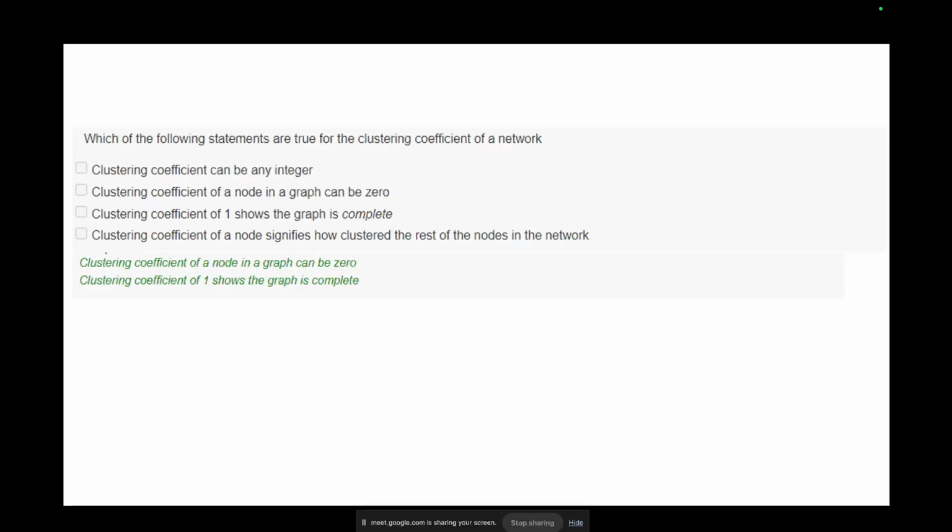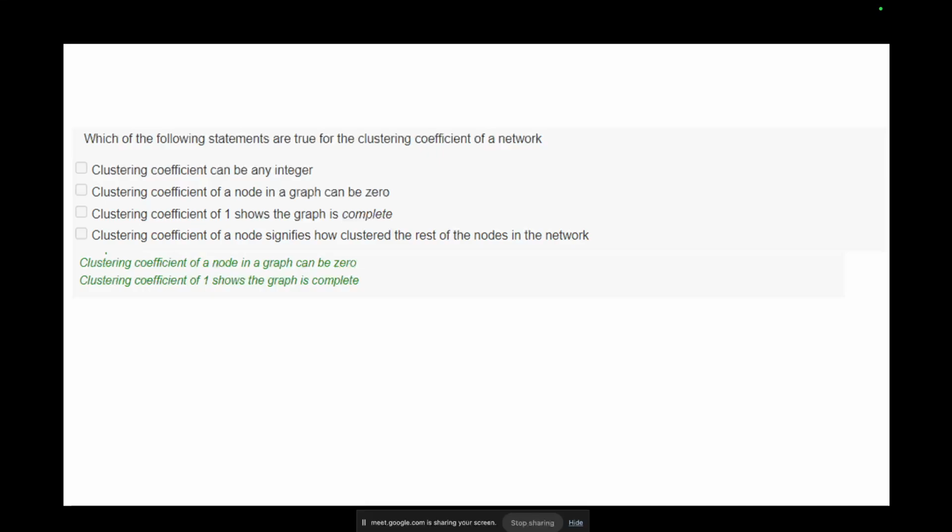You can extrapolate measures of a node to measures of a network by averaging out for all the nodes, but clustering coefficient is significant for basically the node and the nodes around it. So not technically the rest of the nodes in the network.